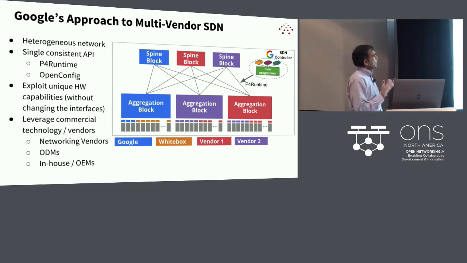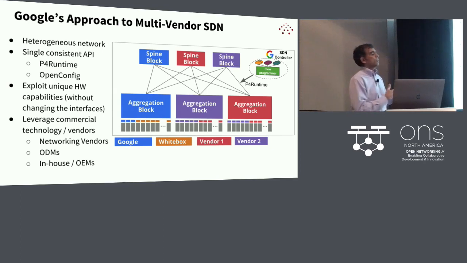So what are some of the fundamental problems we have? We've been very successful using OpenFlow for extensibility, as Brian mentioned. But that also leads to a problem when we need to add new features.